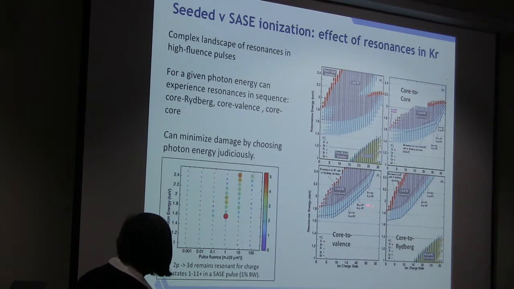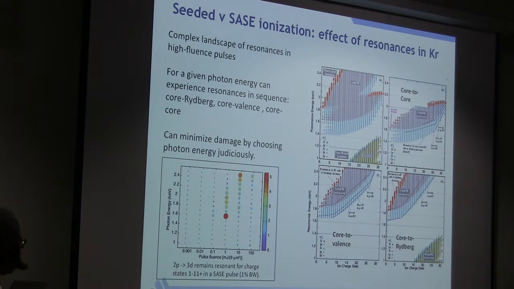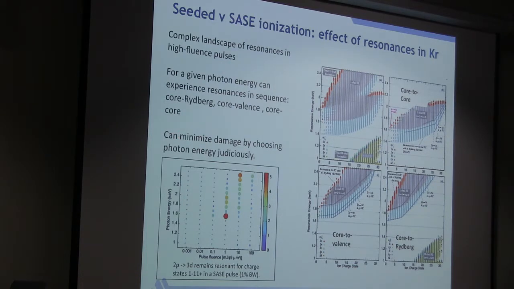And if you pick 2 keV, what you see is you first run into core-to-Rydberg, and then core-to-valence, and then core-to-core, and so on and so forth. From this sort of thing, you can figure out where you can go to minimize damage by choosing your photon energy judiciously. And maybe you didn't really need this to do that, but okay.